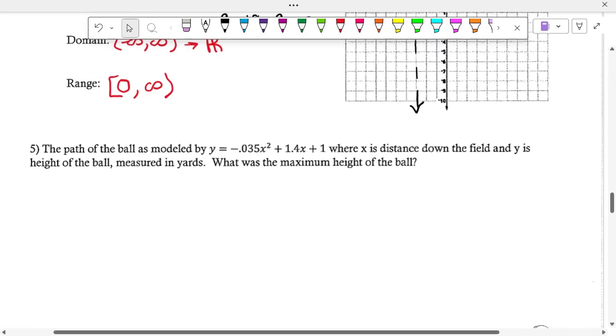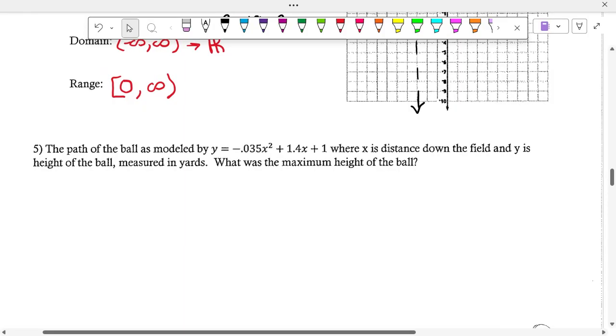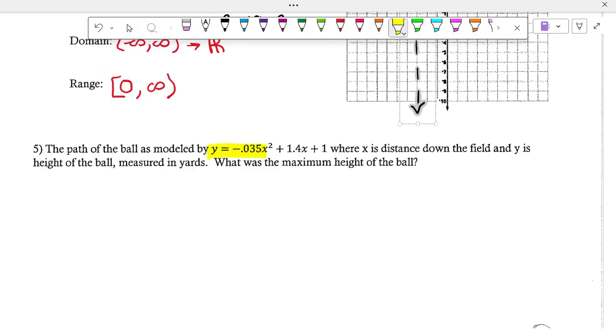All right. So let's look at number 5 for a second. So the path of a ball is modeled by this function, where x is the distance down the field and y is the height of the ball. And it wants to know what is the maximum height of the ball.